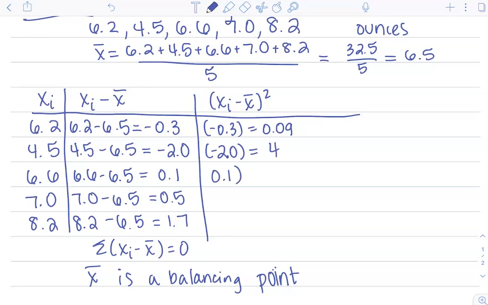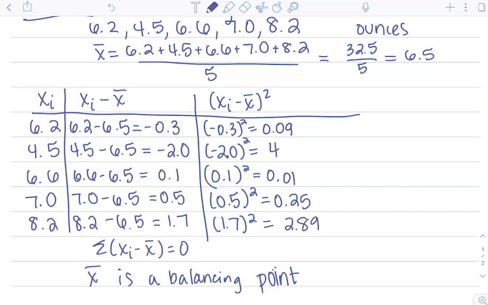I forgot to write all of the squares, so make sure all of those are squared. But by getting these squared values, everything is going to be positive, and then we'll no longer have that issue of getting a sum of 0. They're all positive, you always will get either 0 or a positive value. So I'm just squaring all of these deviations, including 0.7 squared.